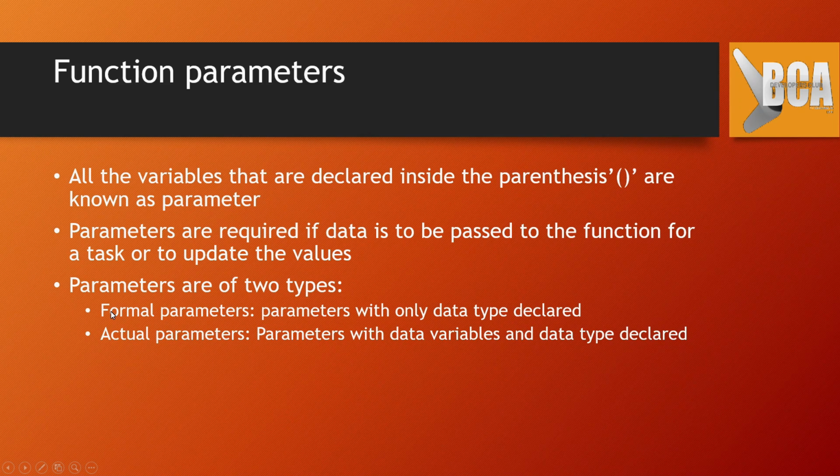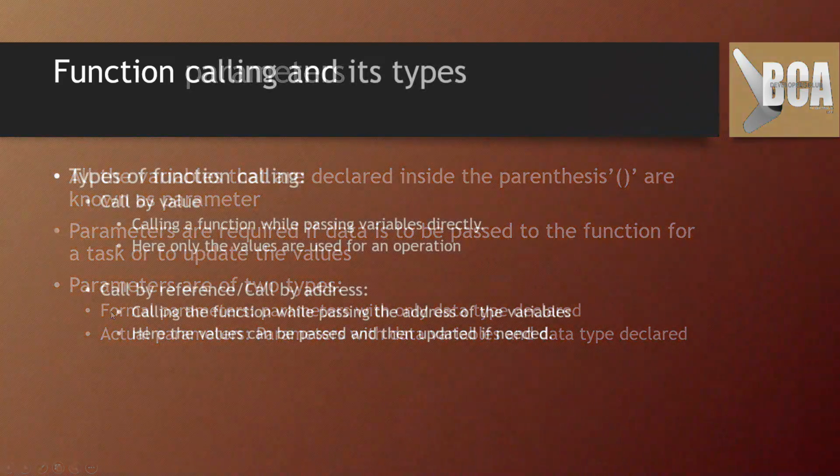And those two inputs, input a comma input b, will then be replaced with the parameters in the function definition, which were int a comma int b, and then the result will be calculated and printed. Parameters are of two types: formal parameters with only the data type declared, and actual parameters are parameters with the data variables and data type declared.